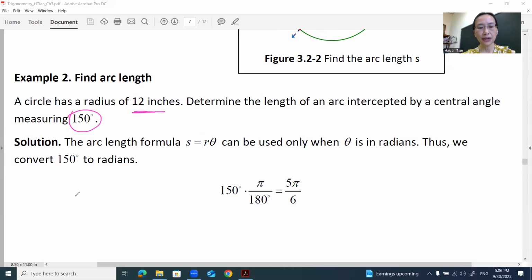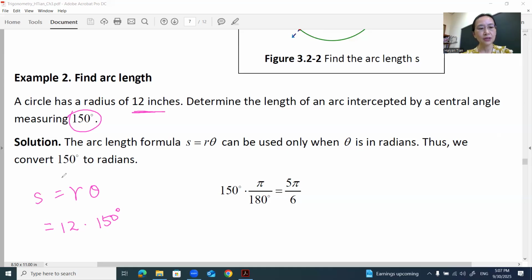So if you want to apply the formula immediately, you can use radius times theta. And if you use 12 inches times the theta, which is 150 degrees, can we do that? Can we calculate arc length this way? The answer is no, because theta is in degrees. So we have to be careful. When you apply this formula, theta should be in radians.